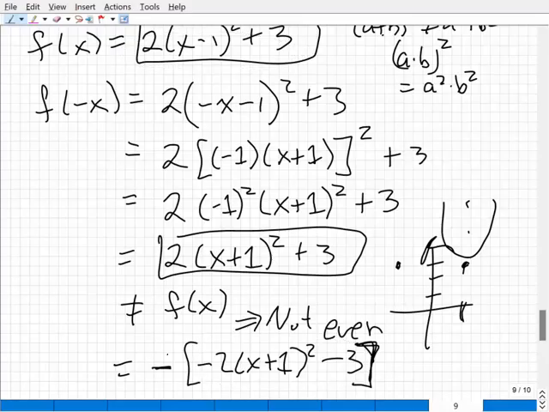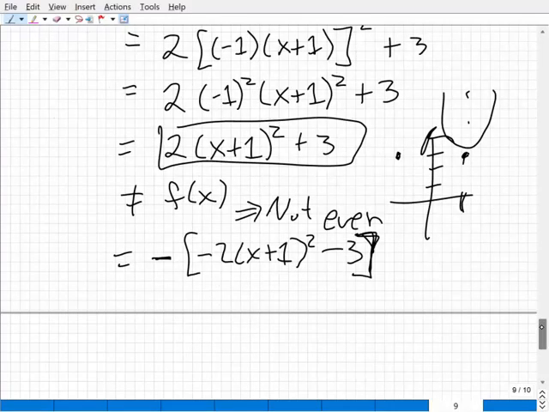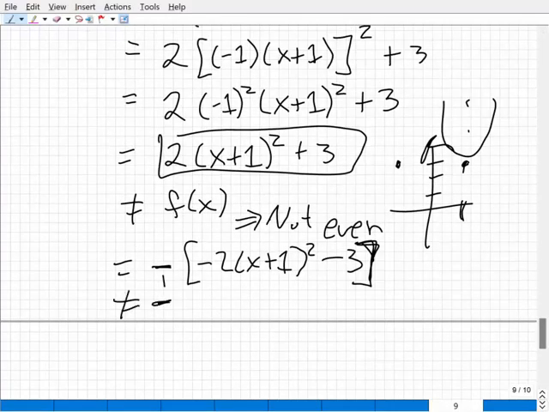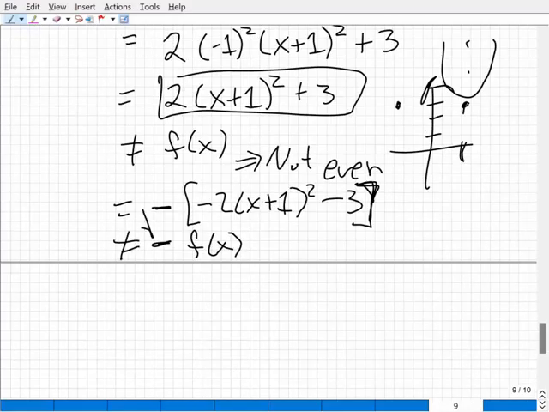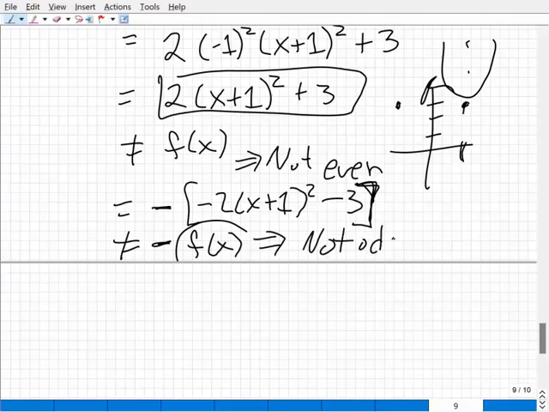Okay? This guy right here. The 2 has a negative, the 3 has a negative. No, it's not the original function. So this is not the minus sign, our original function. So flipping over the left side is not the upside down right side. So it's not odd. In fact, it's even. Because this guy, this minus, we just showed that this is the same.